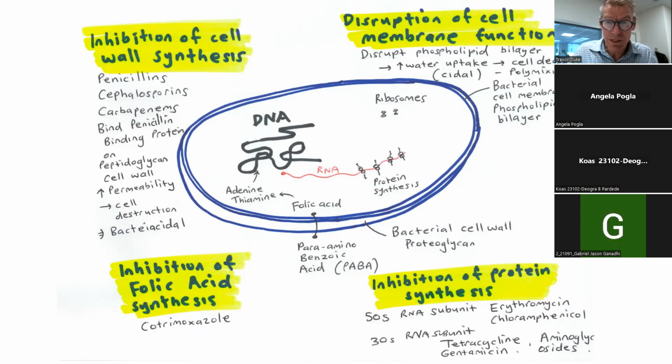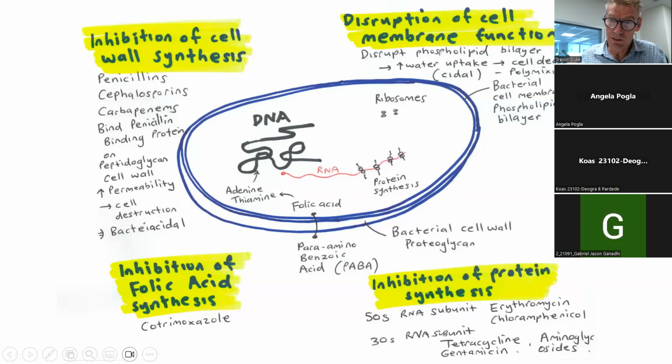cotrimoxazole. So now we've learned that antibiotics function in several different ways to either inhibit the cell wall and break it down, or disrupt the phospholipid bilayer, or inhibit protein synthesis, either the translation of DNA to RNA or RNA on the ribosomes to produce proteins, amino acids and proteins, or to inhibit folic acid synthesis, which also disrupts the translocation of DNA to RNA.